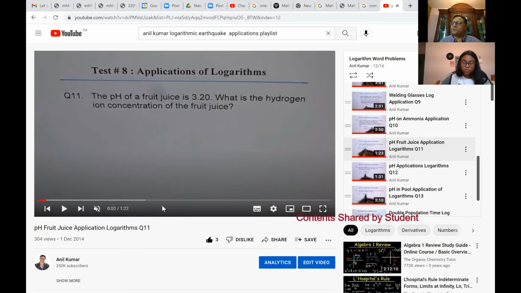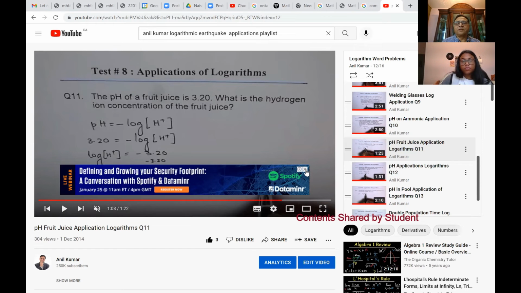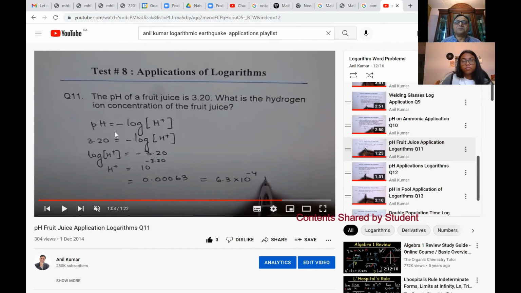So straight away, this is a log formula. And as you can see in the solution, I've just moved my video to the extreme to show you the formula, a 1 minute video with such good information. So pH is minus log of hydrogen concentration. You can write down this formula. Here we are given that the pH of the fruit juice is 3.2, so the left hand side is 3.2. We need to find the hydrogen ion concentration, written as H plus, right?